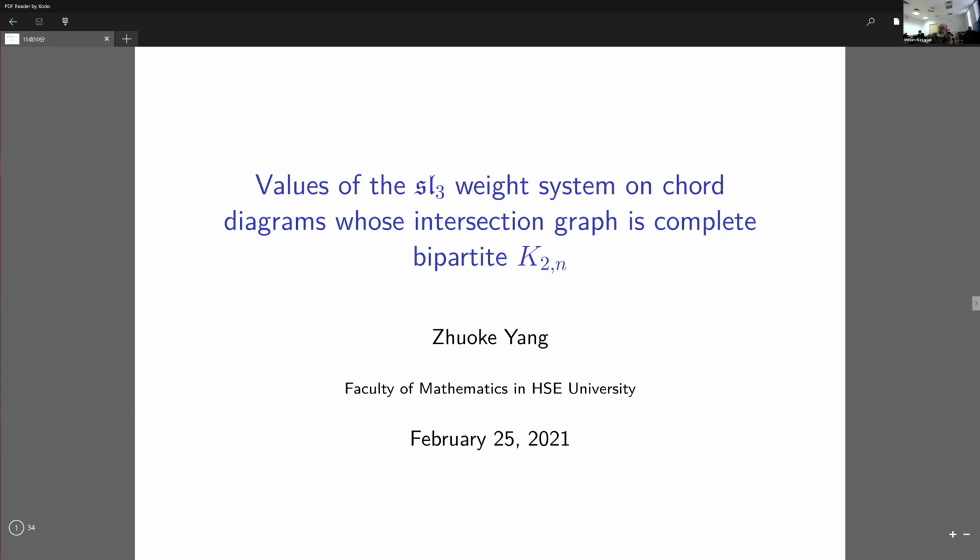Today's talk will be devoted to the Lie algebra SL3 weight system, which is the next interesting example. And the situation with this example is very different because we know absolutely nothing about its values.